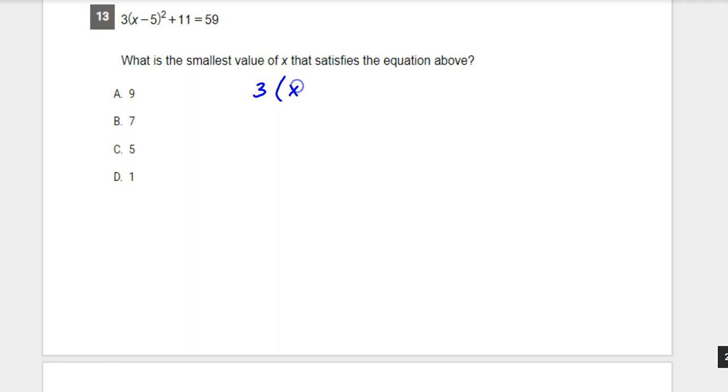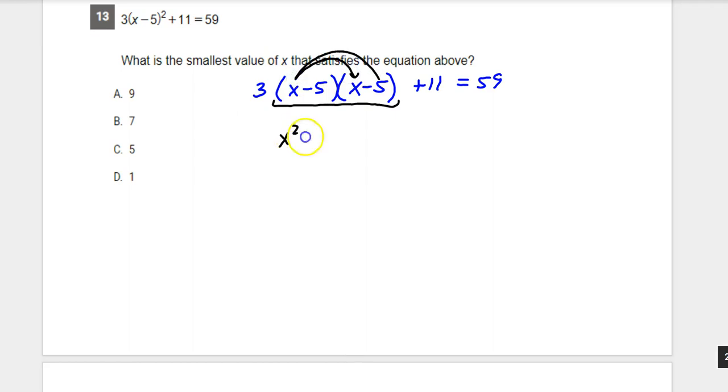They may have interpreted this as 3 times x minus 5 times itself plus 11 equals 59. And then you would probably use FOIL or double distribution here. And you go x times x, which is x squared, x times a negative 5, which is negative 5x.